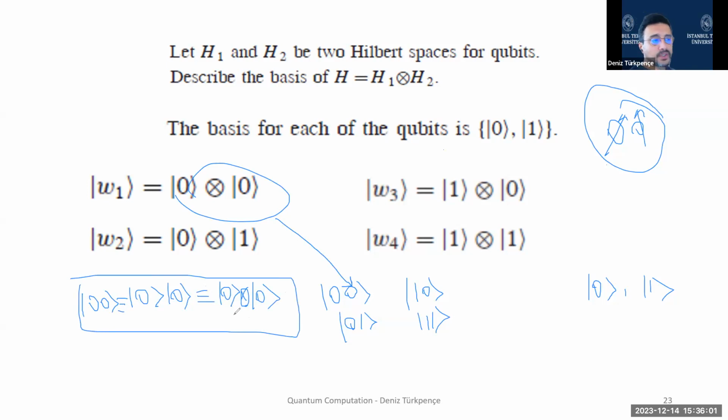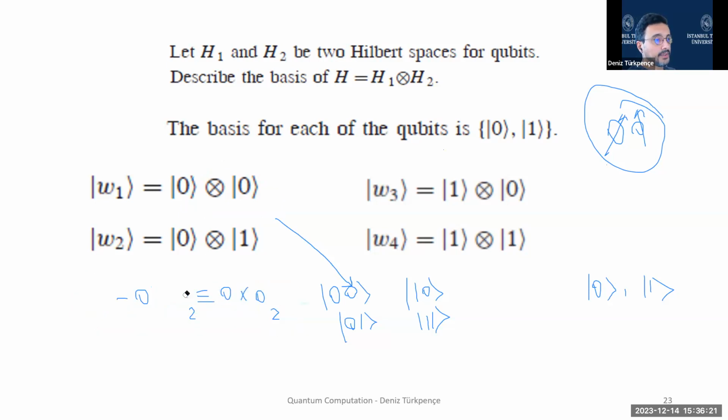Order is very important here: this is the first qubit and this is the second. Here too, the first qubit, the second. This is the basis state representation if I have more than one qubit inside my whole system. Let's proceed from here.